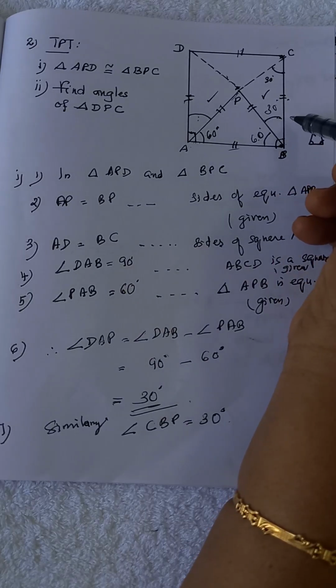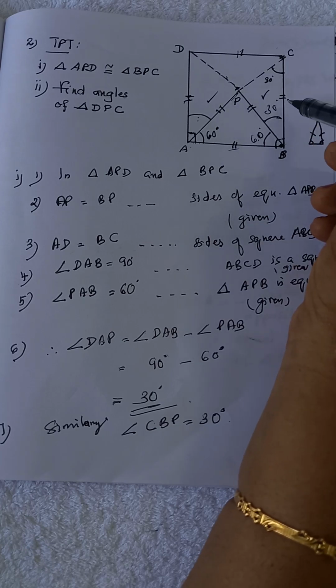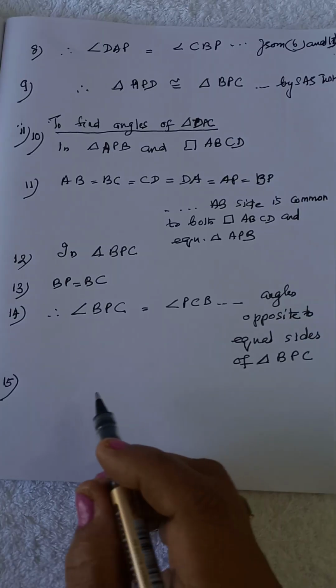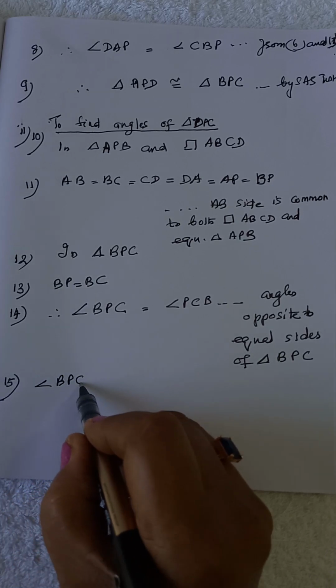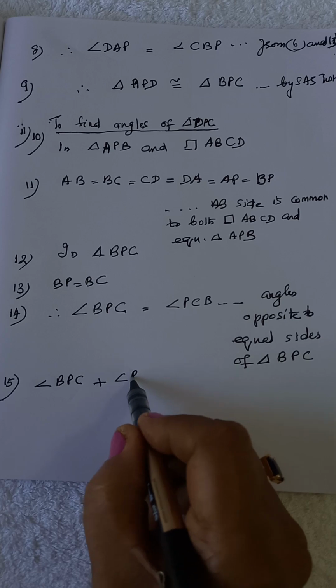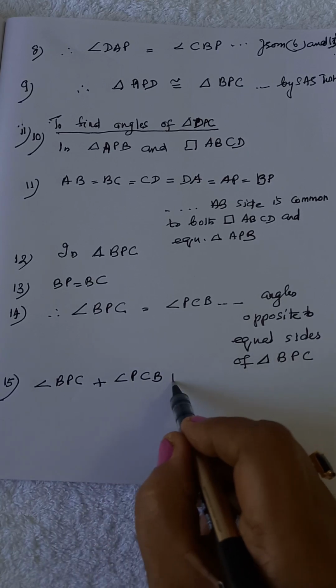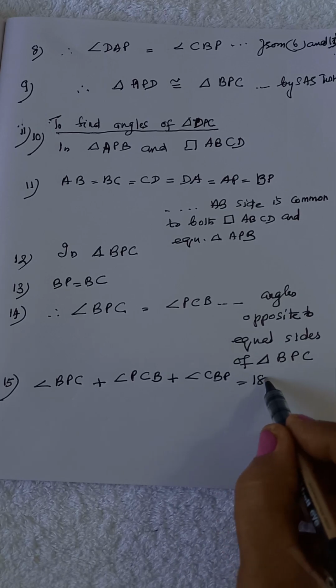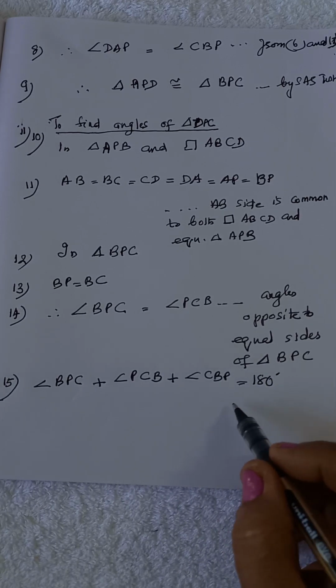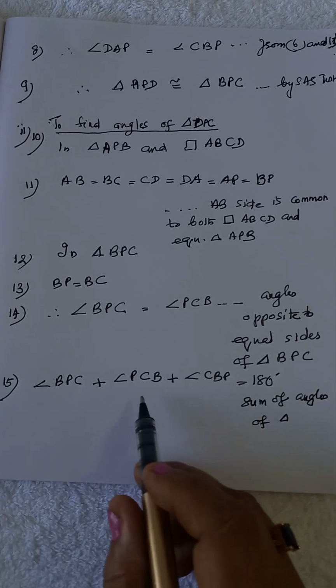Now we can write 15th point. Here in the case of triangle BPC, sum of angles will be 180 degree. So the 15th point is angle BPC plus angle PCB plus angle CBP is equal to 180 degree. That is the sum of angles of a triangle, that is the angle sum property.